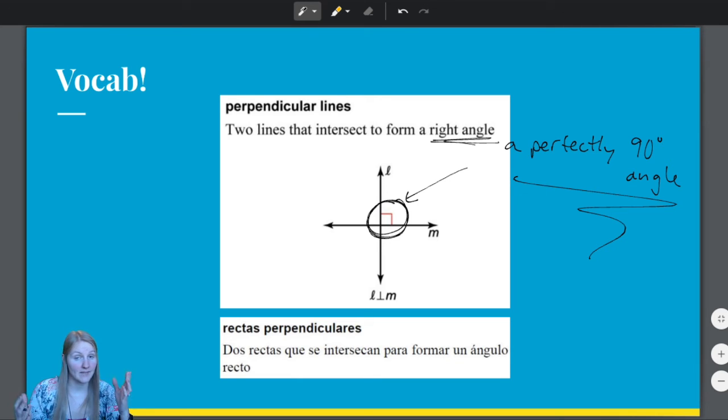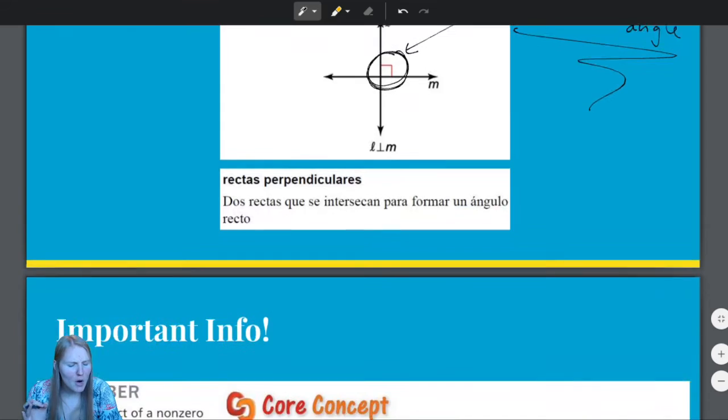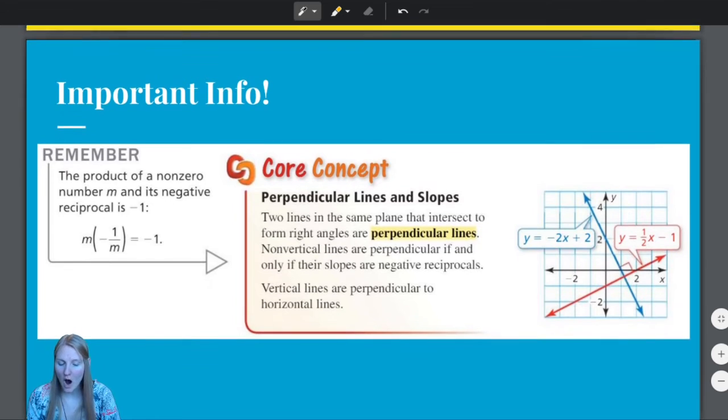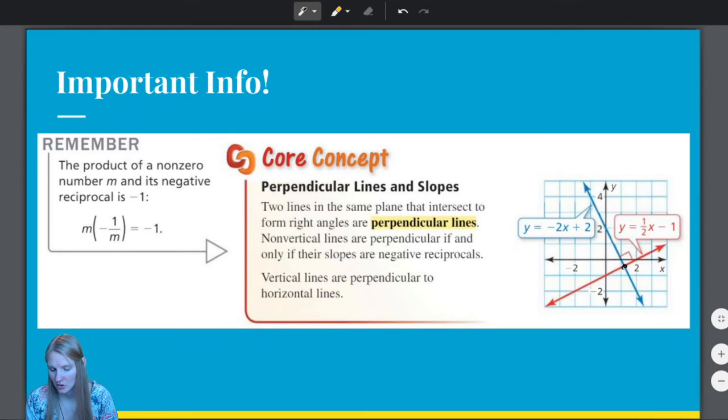Okay, and how do we know if a line is perpendicular to another or not? Parallel lines had the same slope, but perpendicular lines can't have the same slope. We want perpendicular lines to cross.